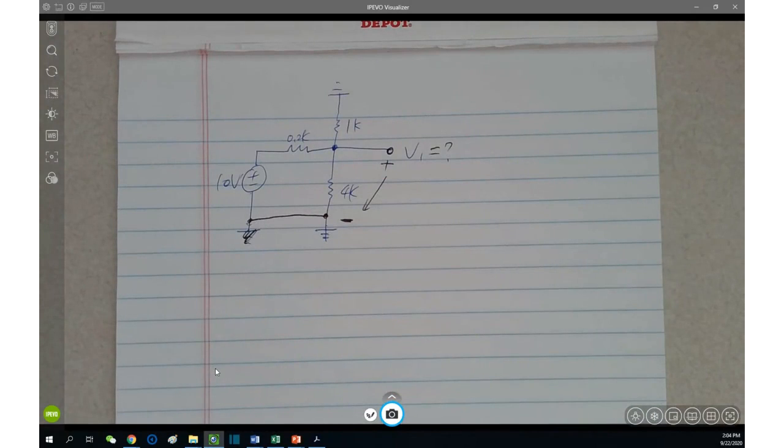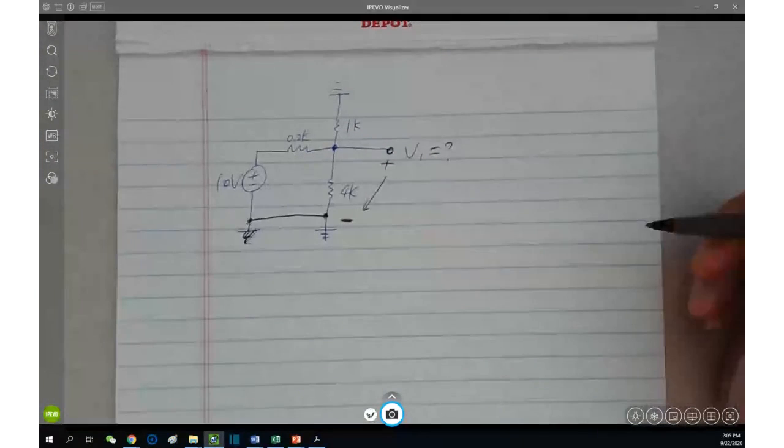I'm seeing several of you still trying to see the loop without applying the pass KVL. That's fine, that's not wrong. However, pass KVL is much easier. It makes much more sense actually.